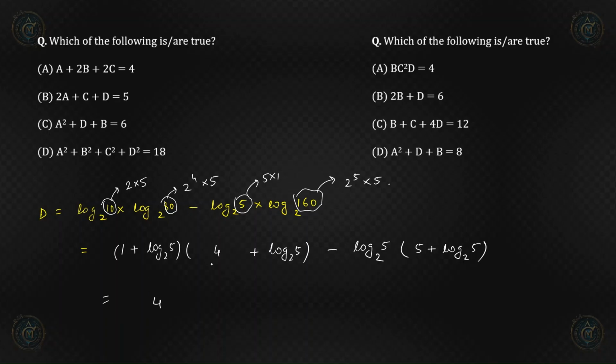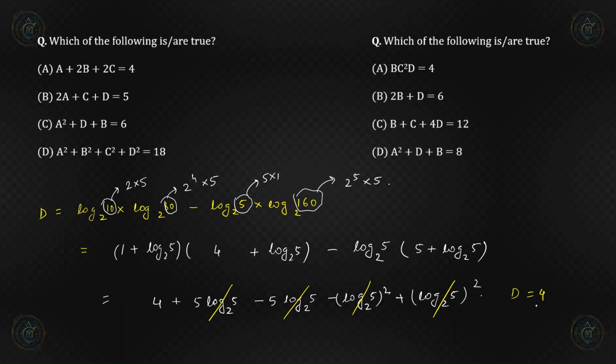This becomes 4 plus log 5 base 2 plus 4 times log of 5 base 2, that is 5 times log of 5 base 2, minus 5 times log of 5 base 2 from here, and here we have minus log of 5 base 2 whole square, and also we have here plus log of 5 base 2 whole square. Okay, so we can see clearly this cancels, this cancels this. So d is a constant, d is equal to 4.